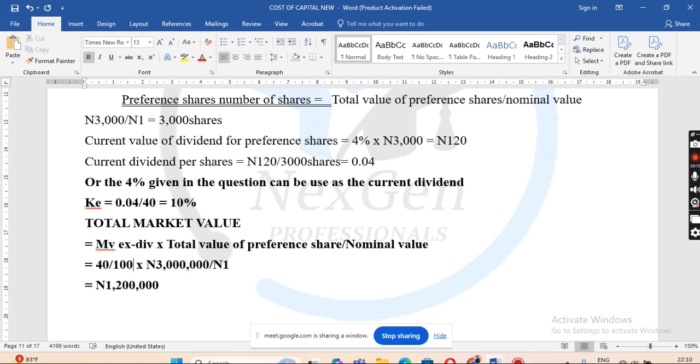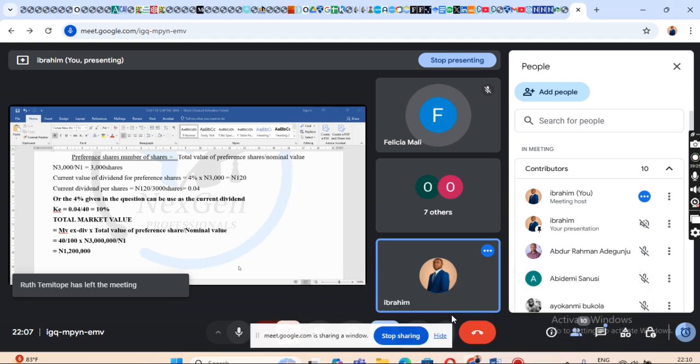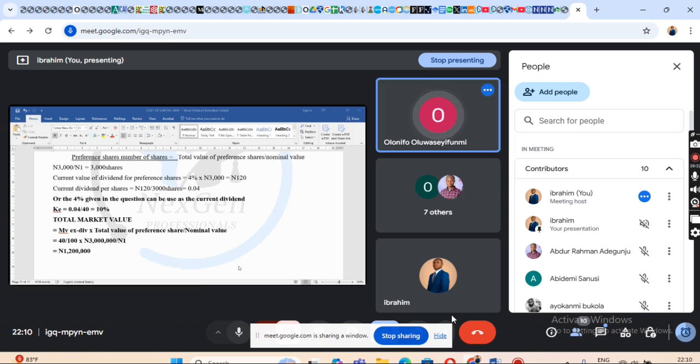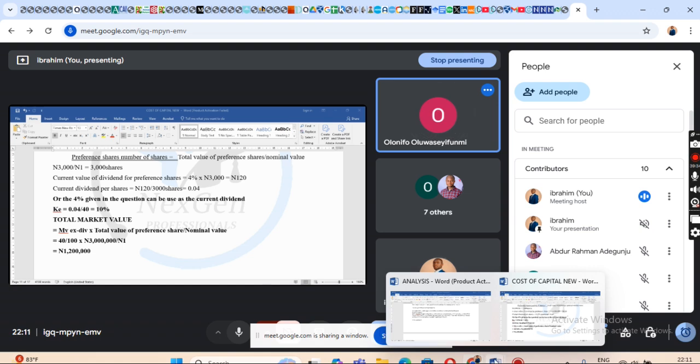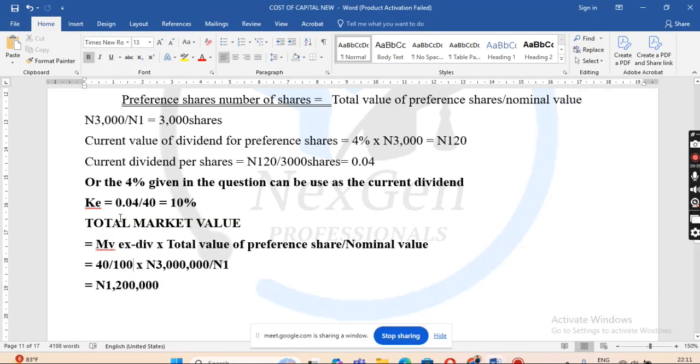Figure, please, class. It's still 1.2 million. Okay, that's fine. So please always try as much as possible to use naira so that you know what you are doing.